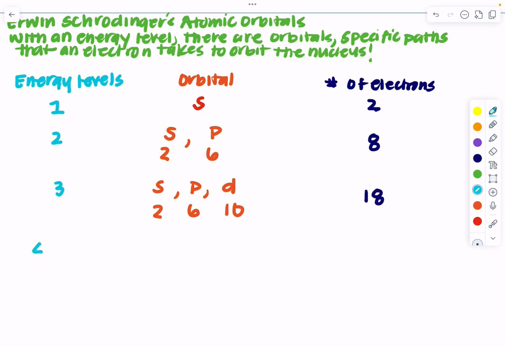And in the 4th to 7th energy levels, we have an s orbital, a p orbital, a d orbital, and an f orbital. In the s orbital, you can fit 2 electrons. P, you can fit 6. D, you can fit 10. And in the f orbital, you can fit 14. That gives us a total number of 32. Okay?